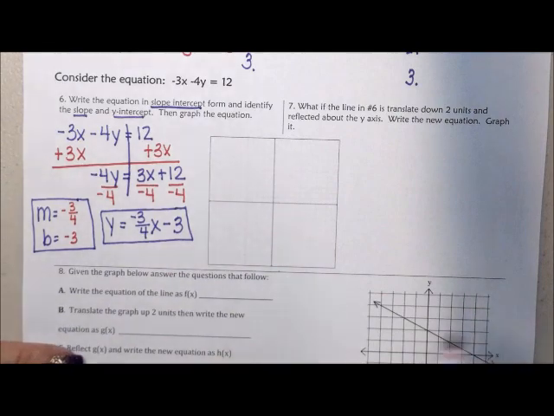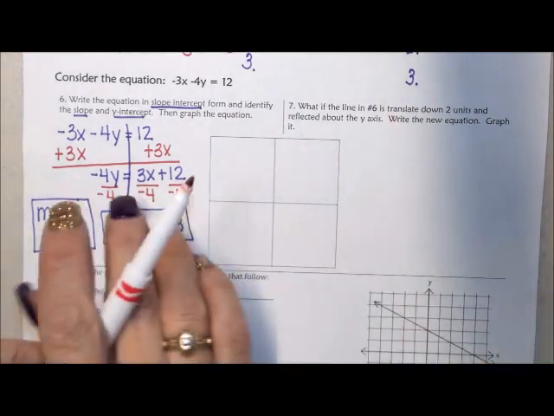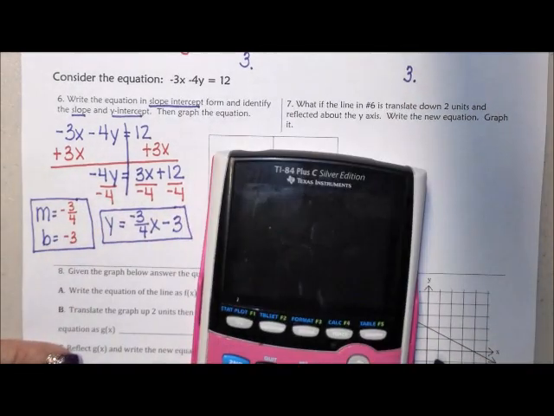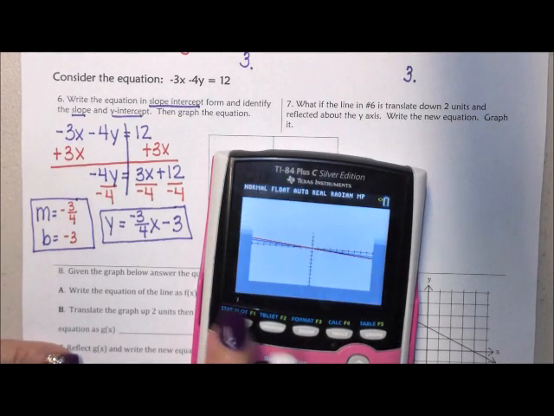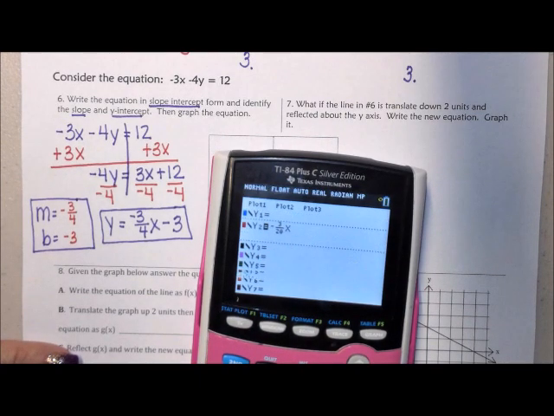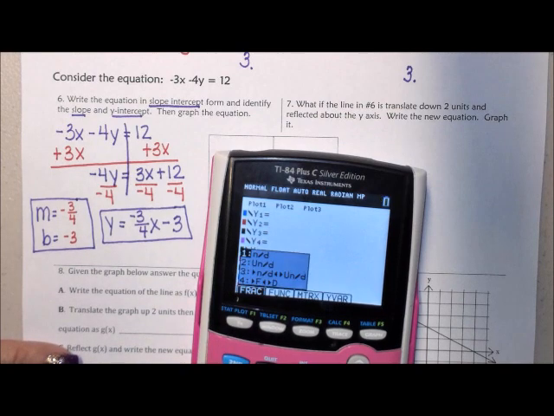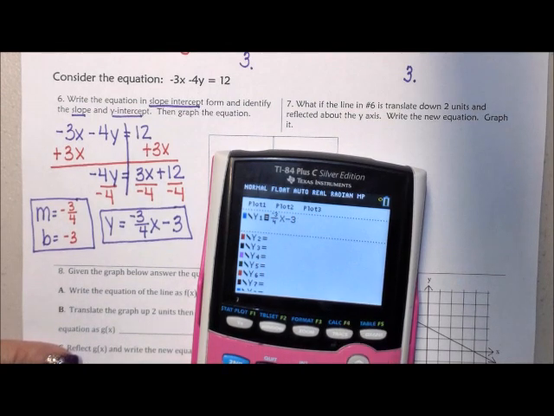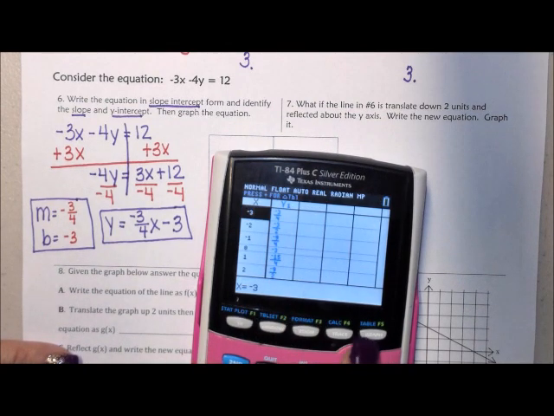Start with the b, move with the m. Or, if you're not sure, go to your calculator, go into y equals, and put in -3/4x minus 3. Go to your table, pick some points, and then you can graph it. Okay?